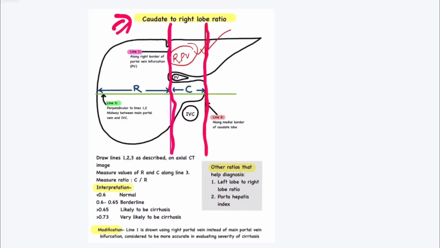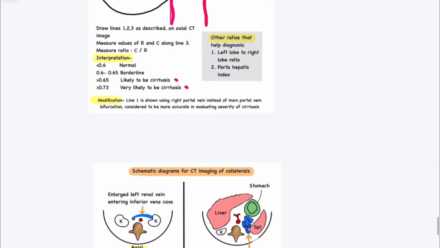And one horizontal line is drawn perpendicular to these lines, midway between the main portal vein and the IVC, and this difference is the caudate lobe, this is the right lobe, and so the caudate to right lobe ratio is measured. More than 0.65 is likely to be cirrhosis, and more than 0.73 is very likely to be cirrhosis. So just know these lines and calculate the caudate to right lobe ratio.